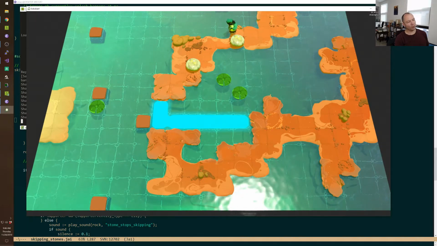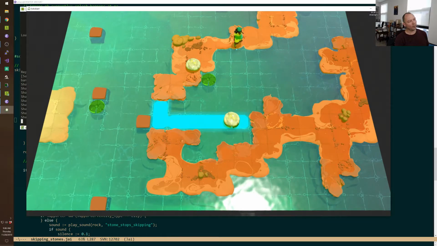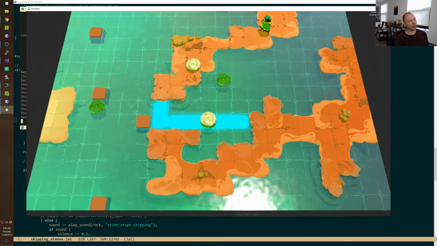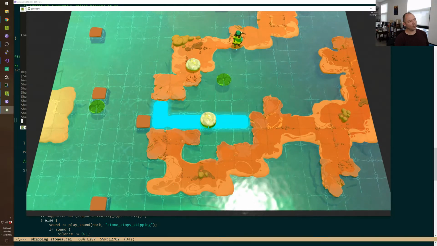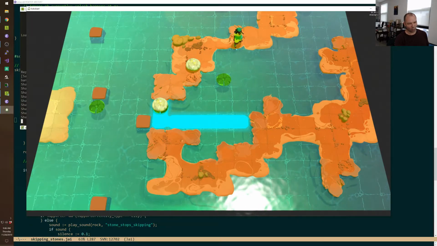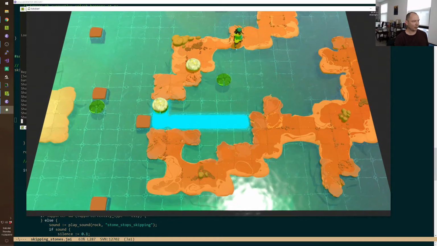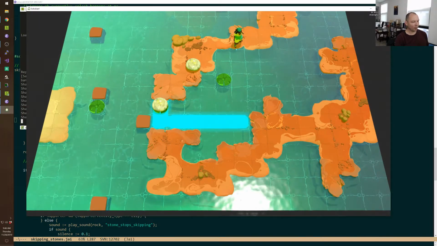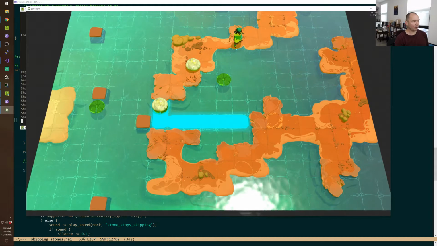The whole undo thing we've got to fix. So I would say that doesn't feel that good right now. The way if a rock lands on a lily pad and there's no splash and no delay and then it goes later, I think if we make a splash and stuff, it'll be good.